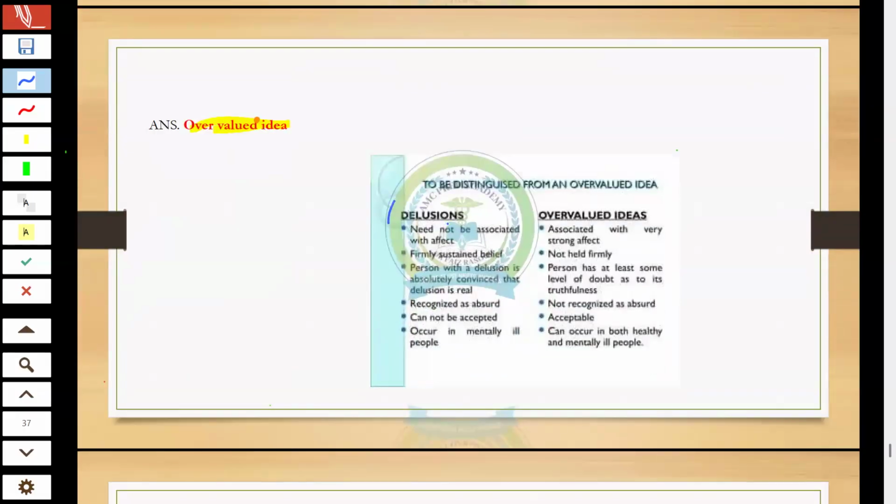So delusions need not be associated with affect. A firm, sustained belief; the person with a delusion is absolutely convinced that the delusion is real, not recognized as absurd. We already studied this. Delusion is a fixed and firm belief, basically.